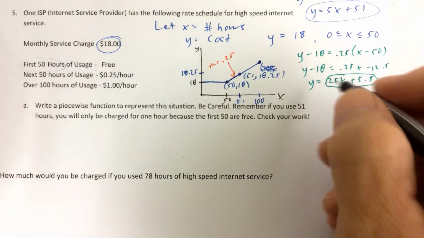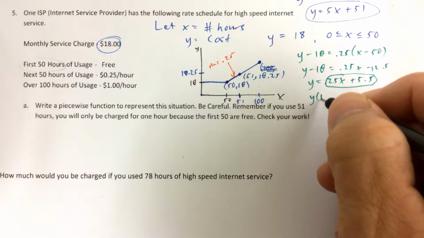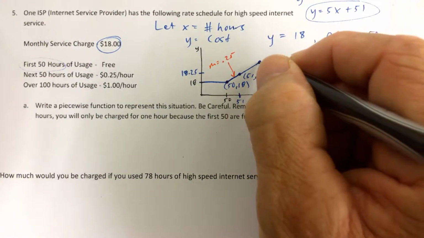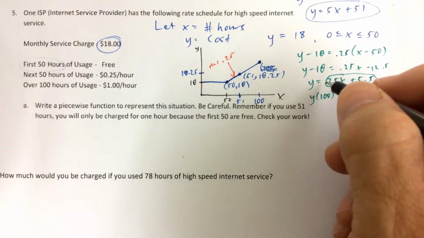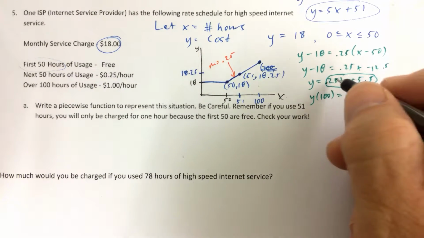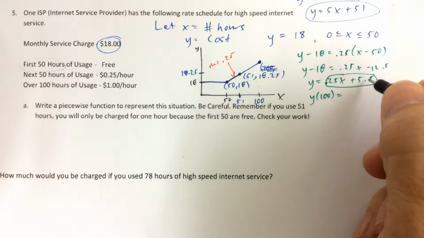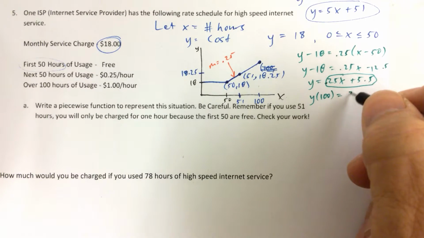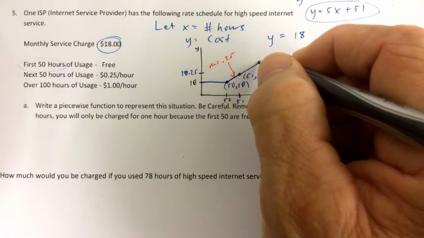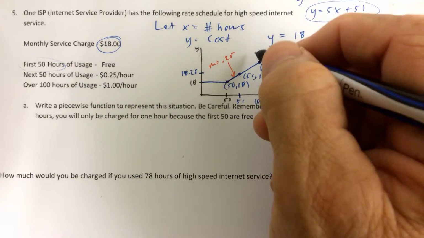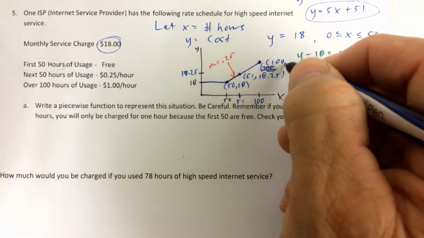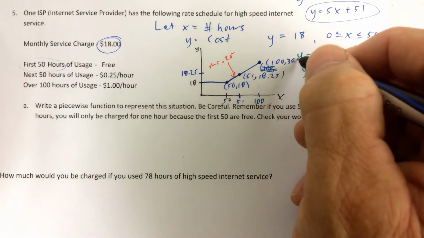That's there, and so what we want to do is figure out what y of 100 is. So we want to know where we're at right there. y of 100 is 0.25 times 100, that's 25, plus 5.5, that's 30.5. So we have another ordered pair up there, which is 100, 30.5.